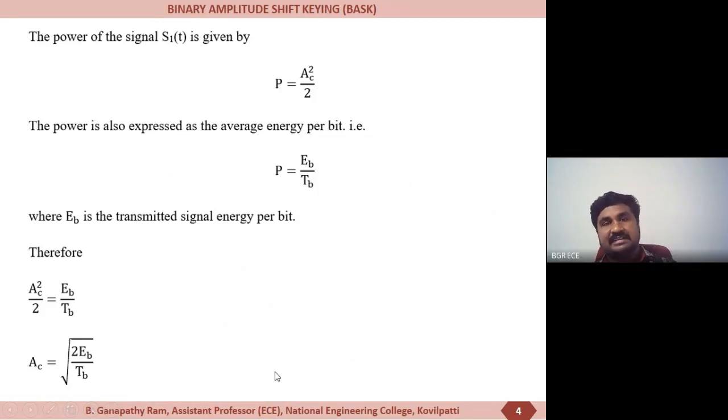And we know that the power of the signal s1(t) is Ac square by 2. The power can also be represented through the average energy per bit. Let Eb be the energy per bit.